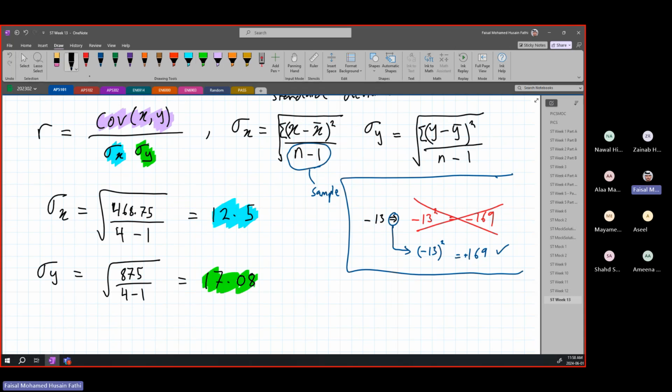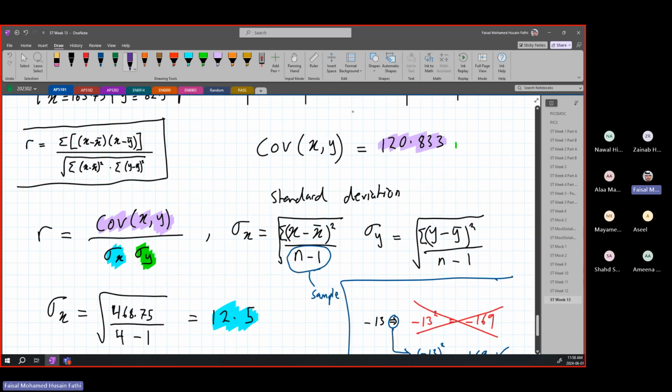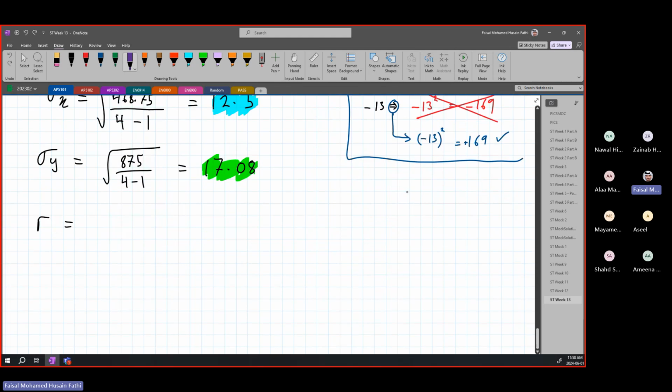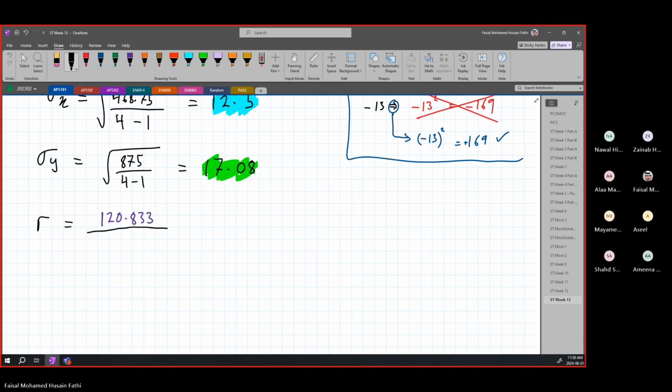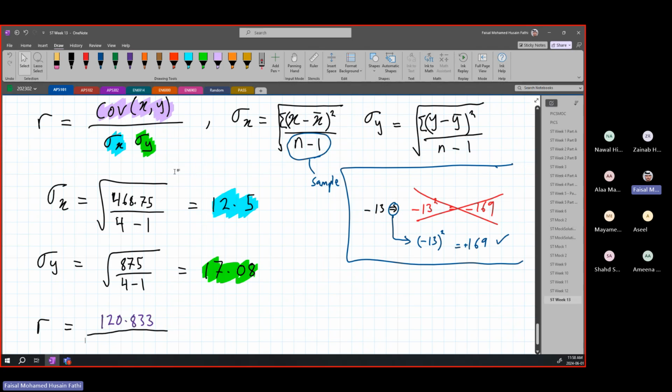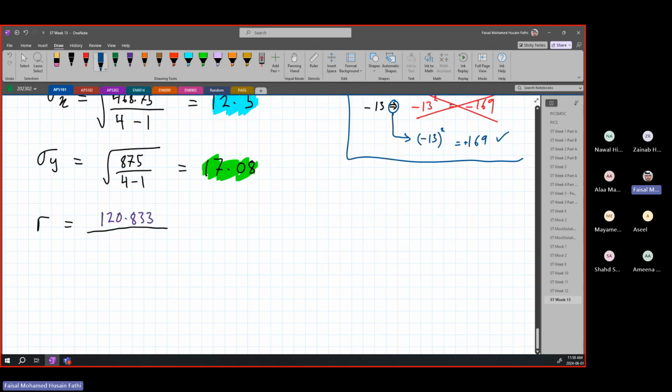So our R is going to be equal to our covariance, which is 120.833, divided by 12.5 times 17.08. So 12.5 times 17.08. All right.